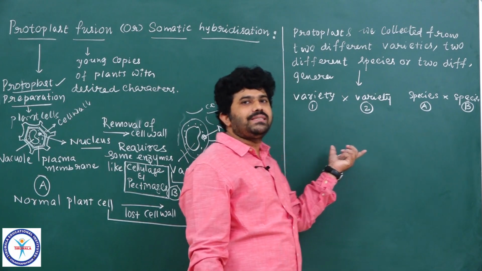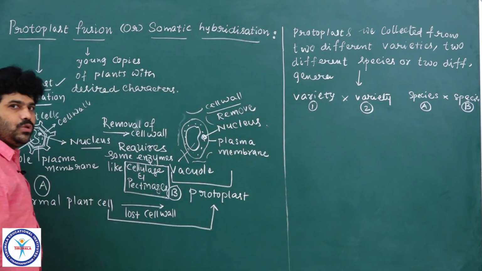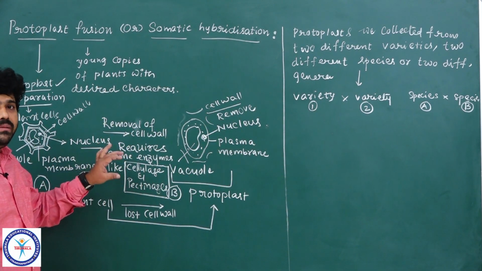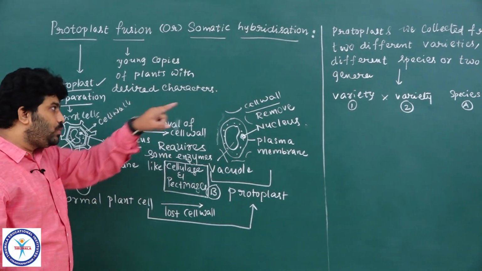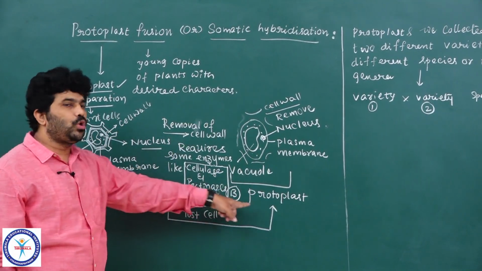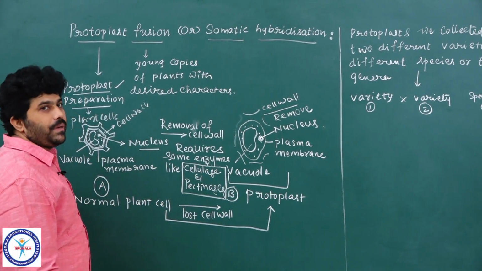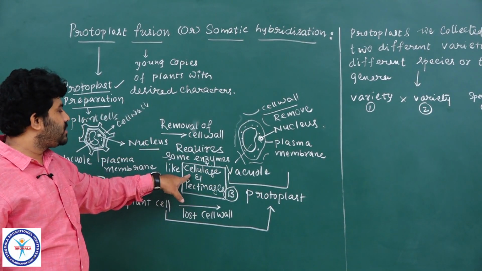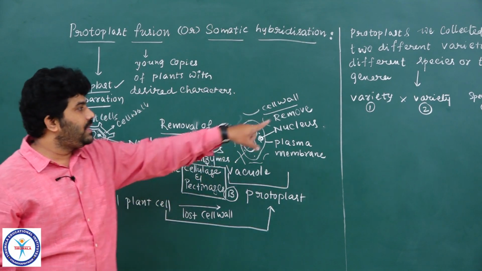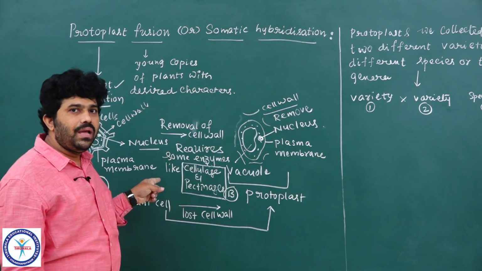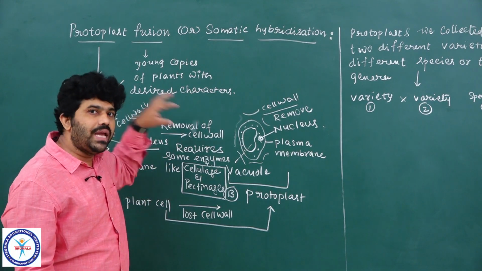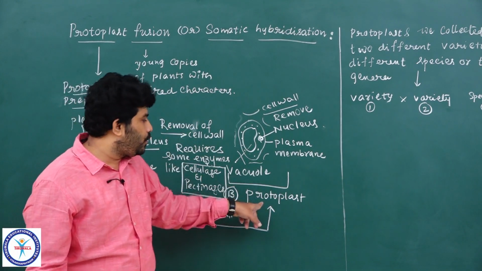Those plant cells we collect and use as the main materials, changing them into protoplasts by following the method of protoplast preparation using enzymes like cellulase and pectinase. We take the plant cells into our lab, remove their cell walls and change them into protoplasts.